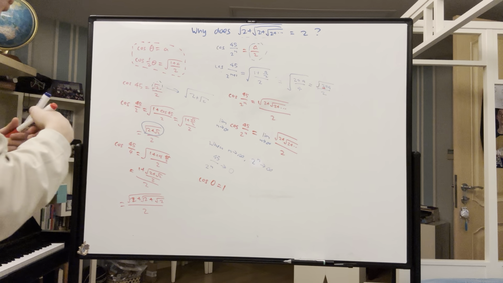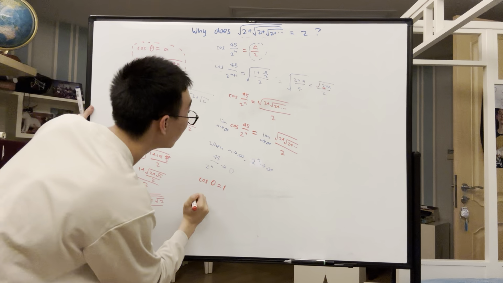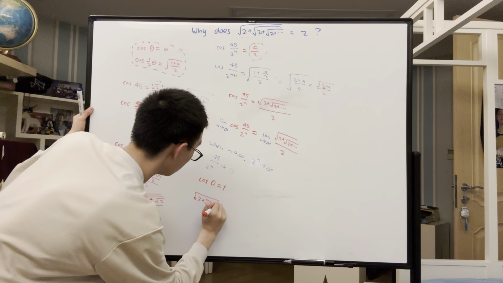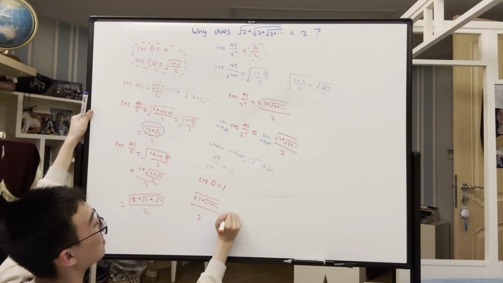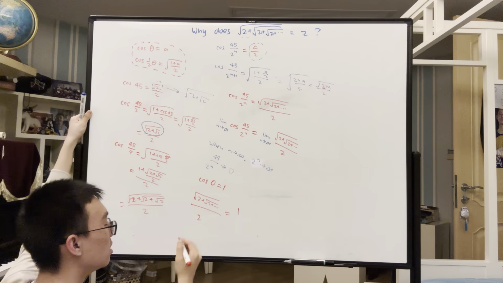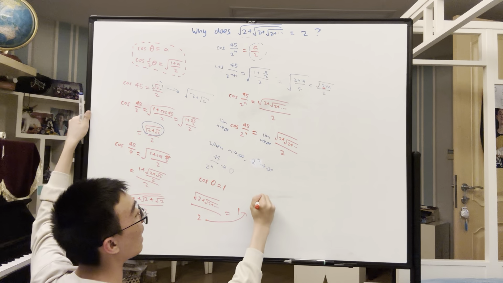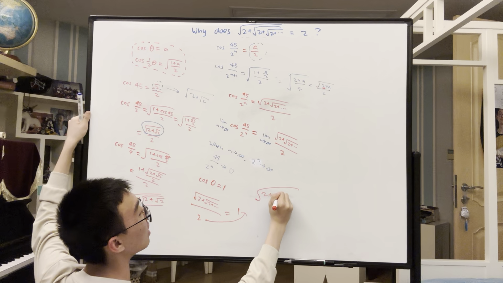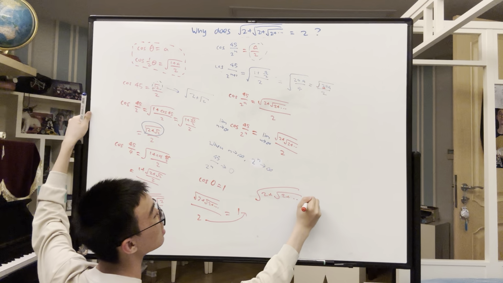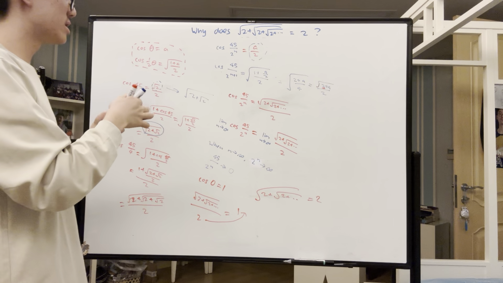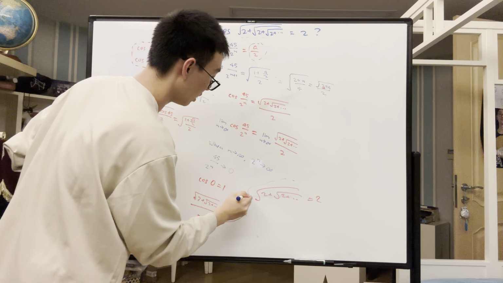Therefore, we can say that this thing is going to be equal to 1. If we put the 2 to that side, we get what we want, which is that the root of 2 plus root 2 plus this continued radical is equal to 2, which is exactly what we desired.